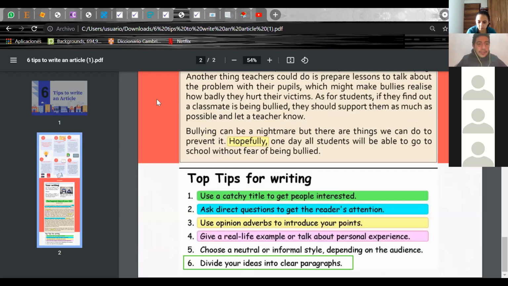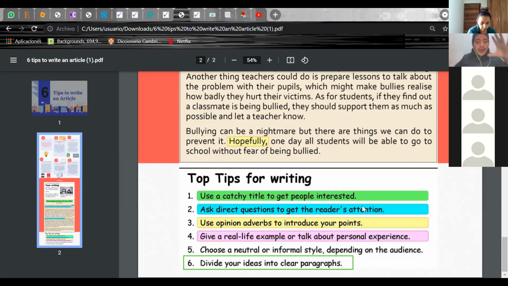The most simple articles have 3 paragraphs, so depending on the amount of words, maybe you have to write from 100 words to maximum 200 words, I guess. You need to divide your writing in 3 paragraphs.